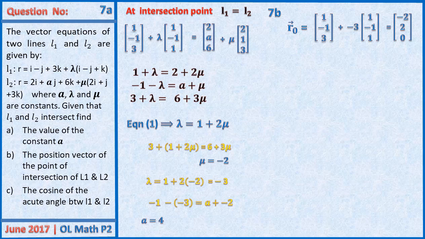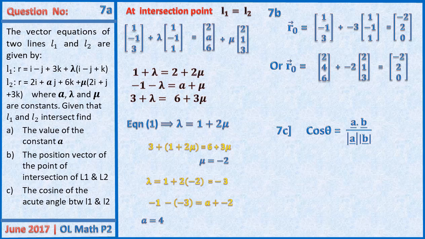Now C states that you find the cosine of the acute angle between the lines 1 and 2. We know that cos theta is equal to A dot B on absolute A, absolute B. And to get the cosine of the angle between the two lines, we have to use their direction vectors. The first direction vector is (1, -1, 1), and the second is (2, 1, 3).